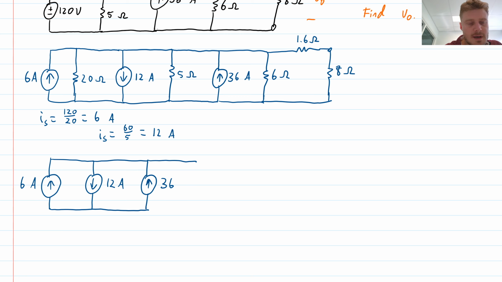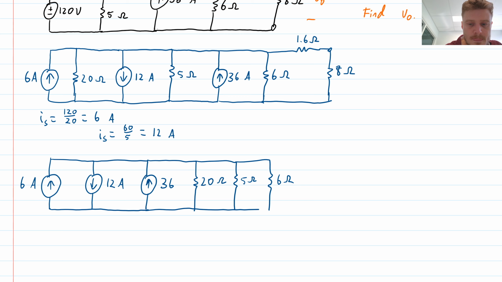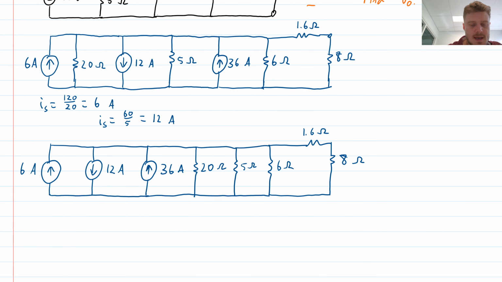So all of the current sources and then all of the resistors. The resistors were 20 ohms, 5 ohms, and 6 ohms. And the end of the circuit, I'm just going to keep the same as before. So that was 36 amps.